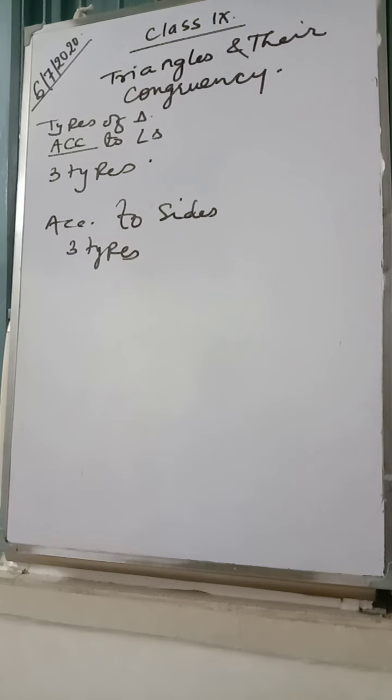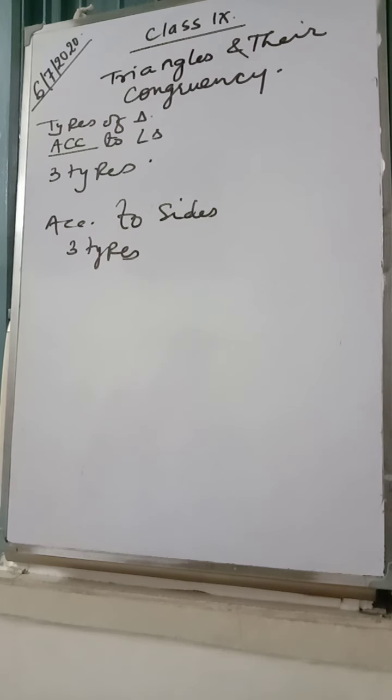Now related to these triangles, there are certain things that we should know. That is the relation between sides and angles of a triangle, they have certain relation. As an example, if triangles are having different angles, the greater angle will have the greater side opposite to it.